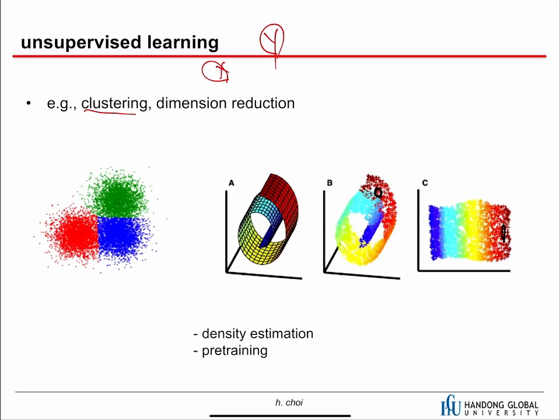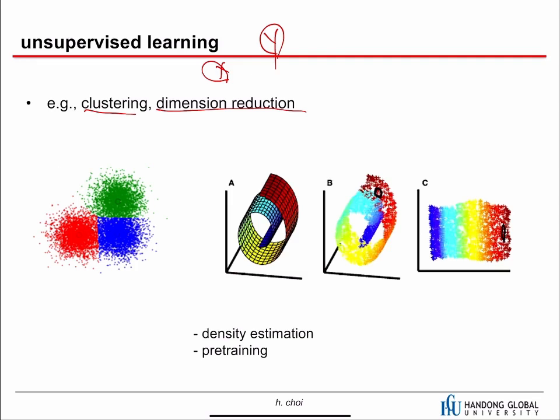And dimension reduction is another one. When we measure some data sample, it has a lot of features, like 1,000 features. With too many features, we want to reduce the dimensionality to extract some important features.